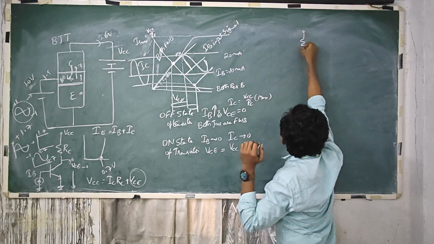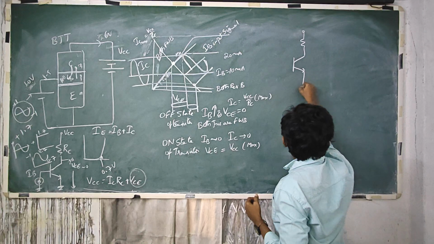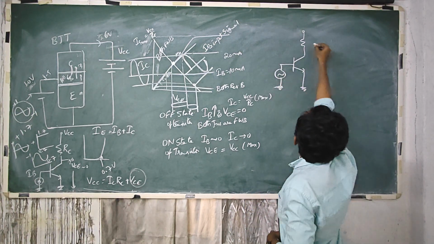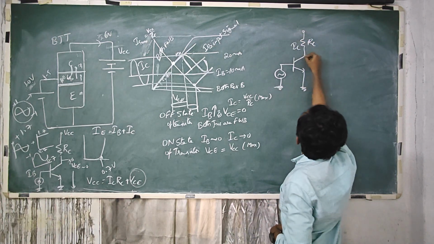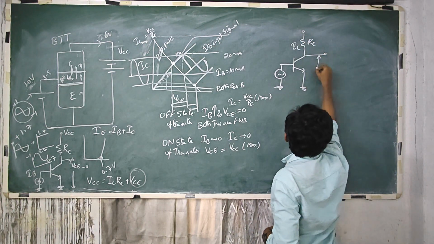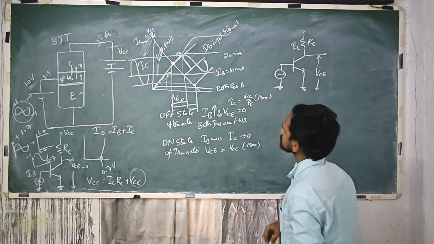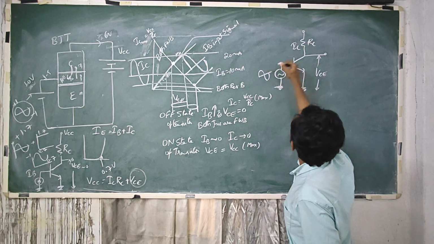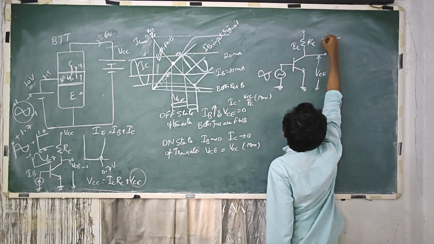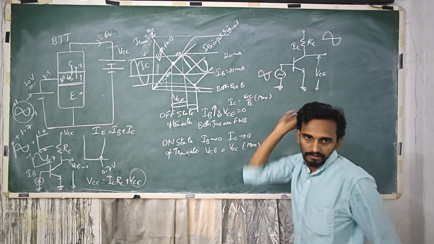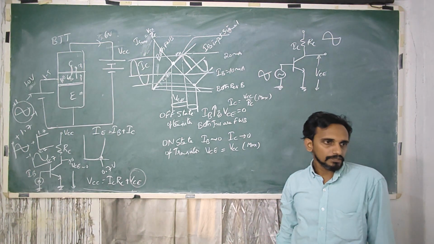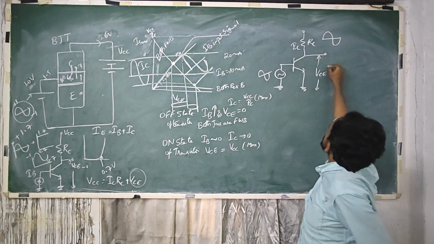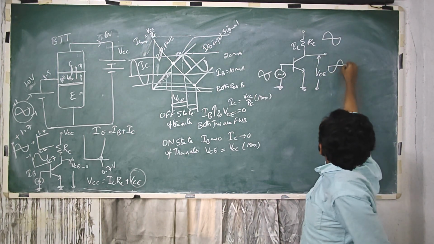If I take a transistor like this and give some signal here, it will be reflected in the same way across RC, because IC varies in line with IB and VC varies opposite to IB.